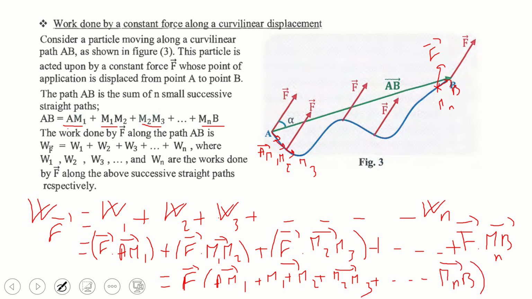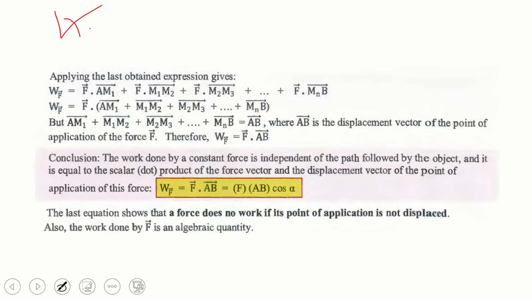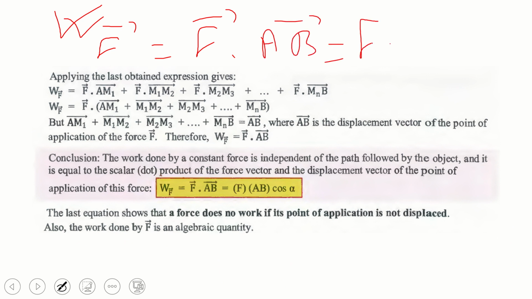The summation of these vectors is one vector that goes from A to B. So the work done by the force F equals F scalar AB. And the scalar product is the magnitude of F times the magnitude of AB times cosine alpha, the angle between them.